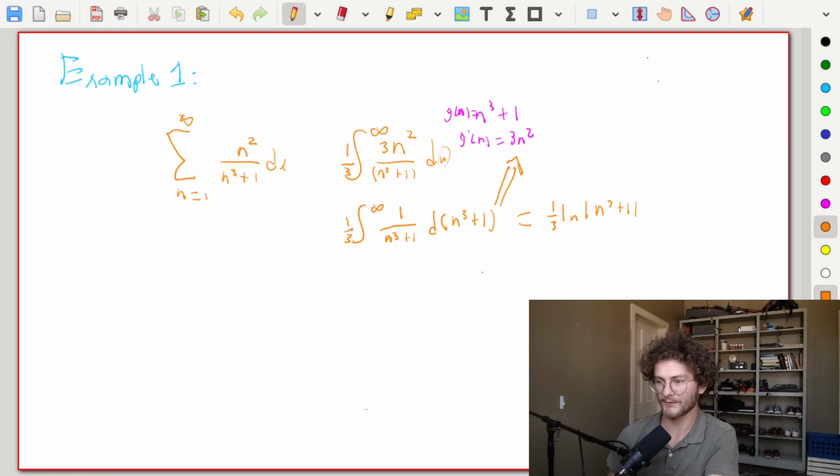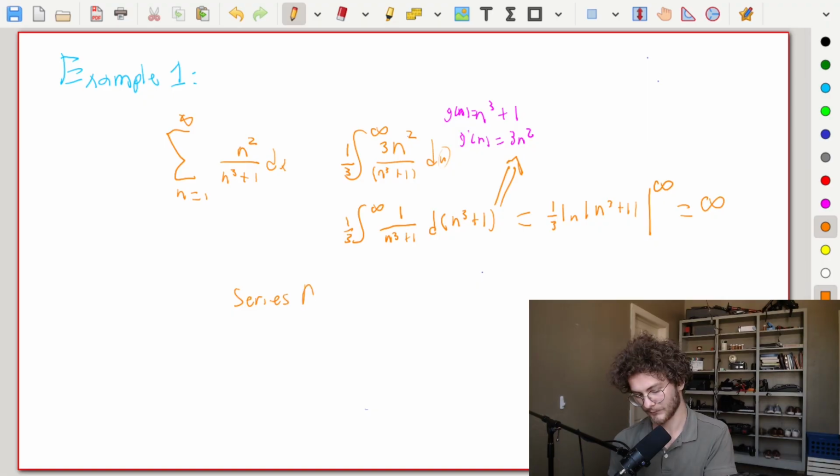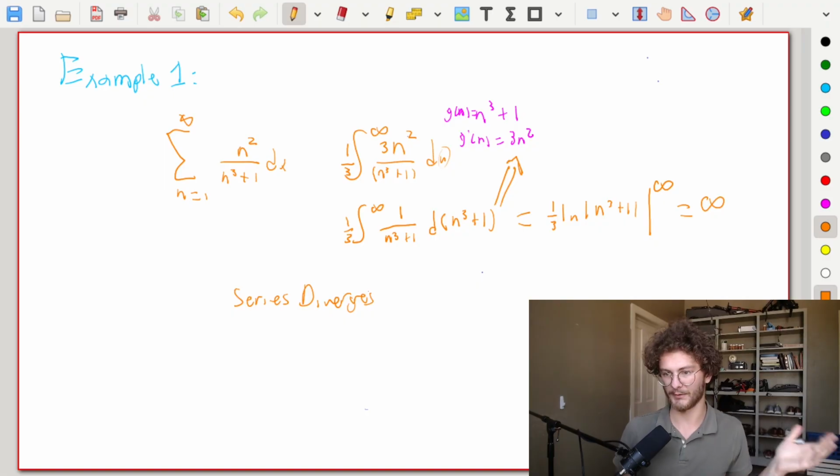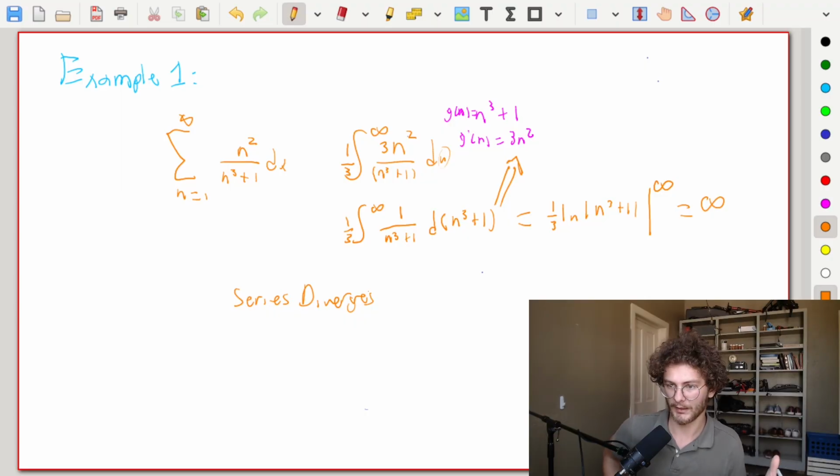So now that we've got our function integrated, we're going to evaluate it at infinity. Turns out, in this case, it's infinity. Therefore, the series diverges. Now, we could also do that preliminary test that we did earlier, where we can say 2n over 3n squared, the limit of that thing as it approaches infinity.